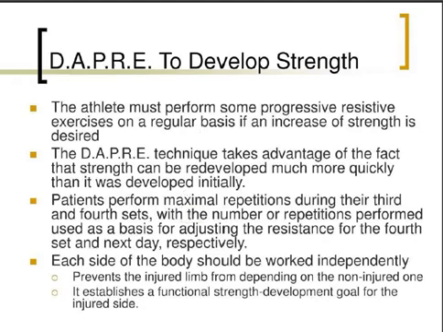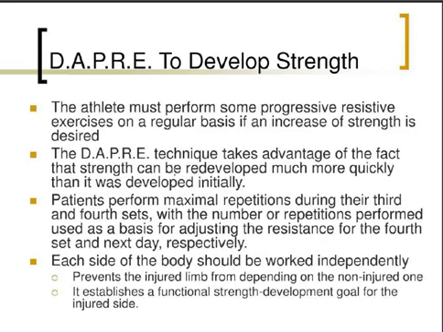This is mainly performed by athletes, where the athlete must perform progressive resistance exercises on a regular basis if an increase of strength is desired. So knowing when and how much to increase the resistance is important. A common guideline is to increase the resistance by 5 to 10% when all prescribed repetitions and sets can be completed easily without the person getting fatigued.